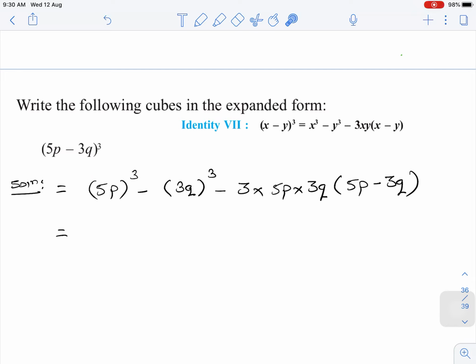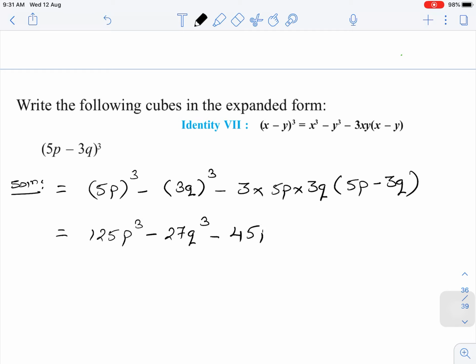That equals, now what will you get further? What is the cube of 5? It is 125p cube minus, now 3 cube is 27 q cube. Now minus into plus will become minus, and 3 fives are 15, 15 threes are 45.